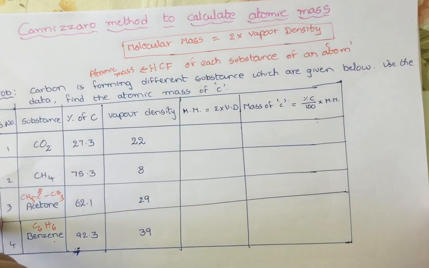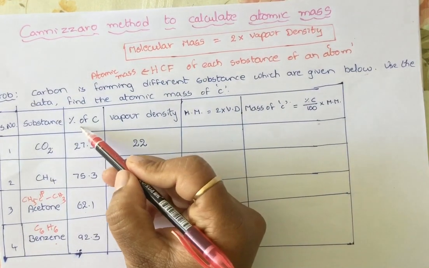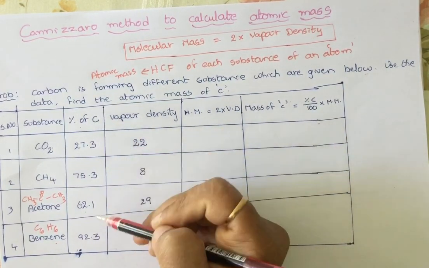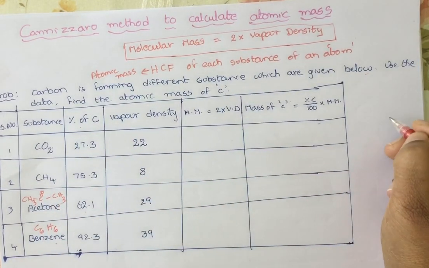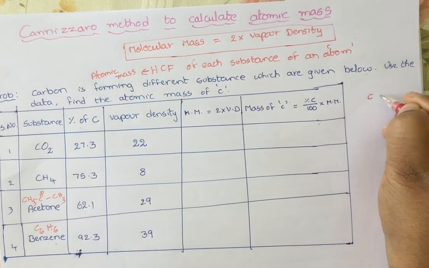First thing you have to do: if they gave the percentage of carbon, it is fine. If they didn't give it, you have to find the percentage of carbon. How can you find it? I will give one example.